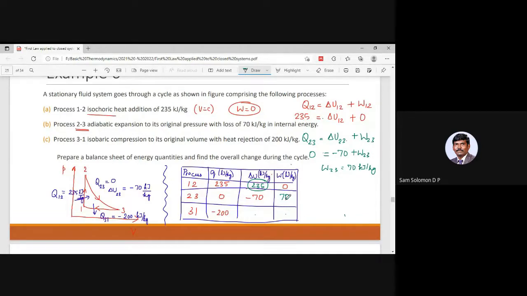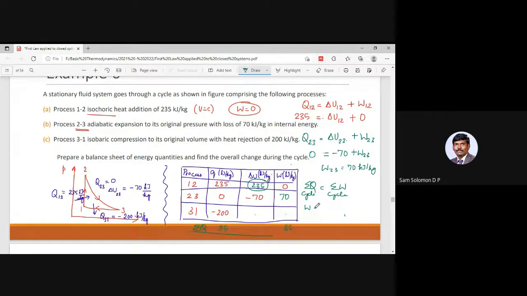You can solve this problem in two ways. For W, you can say summation of Q over here, 235 minus 200 is 35 kilojoule. This is a cycle, so summation of Q over a cycle should be equal to summation of W over a cycle. So summation of W is also supposed to be 35.